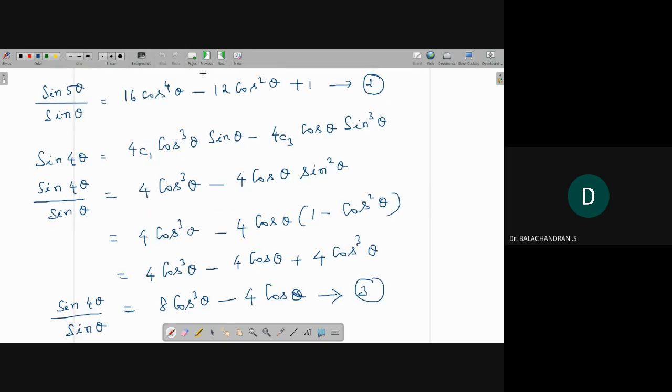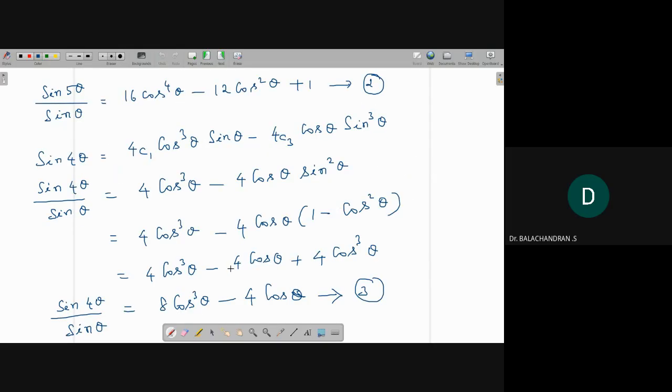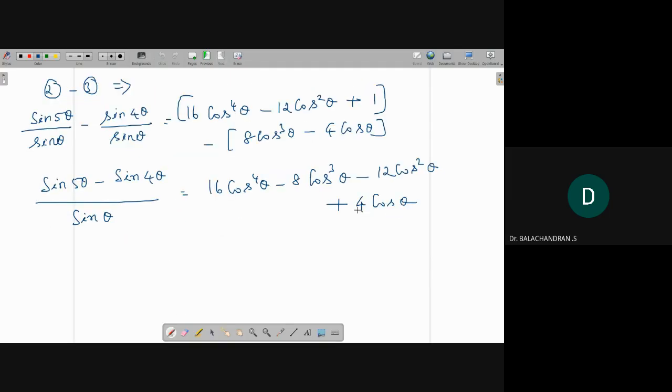Here we have minus 4 cos theta, or plus 4 cos theta? Yeah, it is minus here. So it should be plus 4 cos theta and then plus 1.